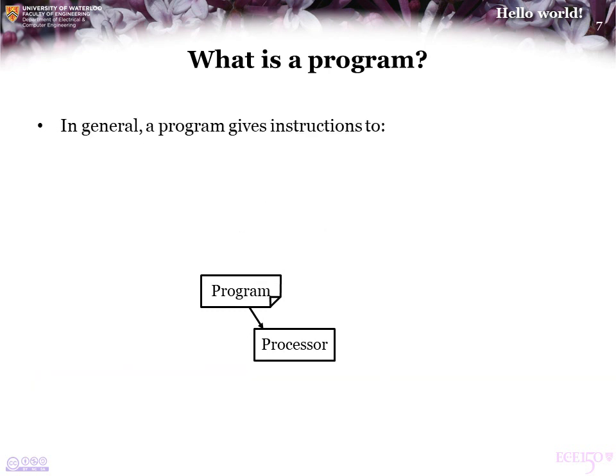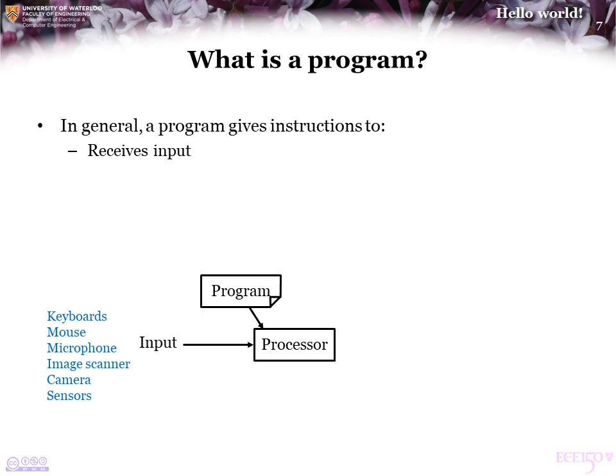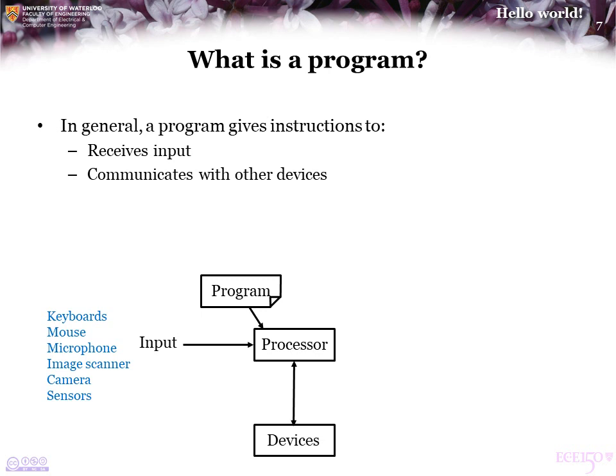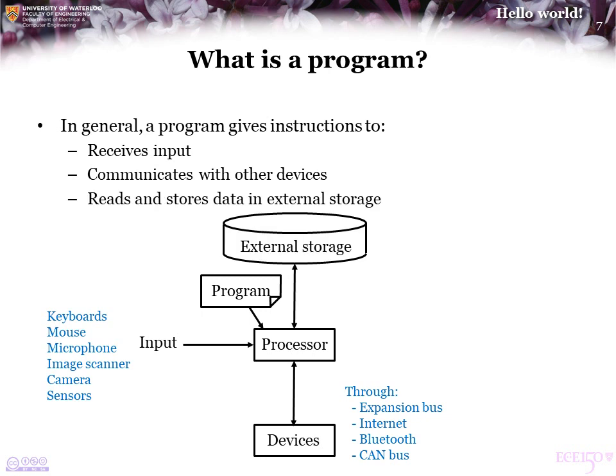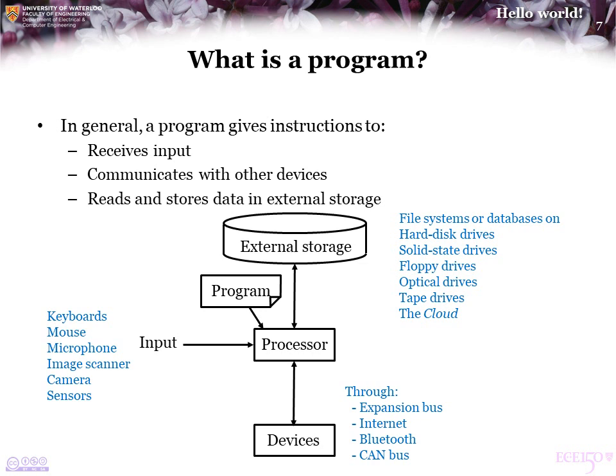In general, a program gives instructions to the processor to receive input, be it from keyboards, mice, microphones, image scanners, cameras, or sensors, to communicate with other devices, perhaps through expansion buses, Ethernet, Bluetooth, a CAN bus, etc. To read and store data on external storage, so file systems or databases on hard drives, solid-state drives, floppy drives, optical drives, tape drives, or perhaps the cloud.